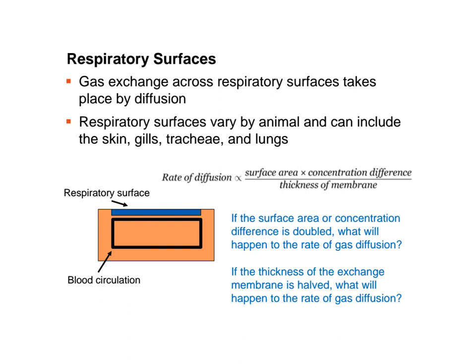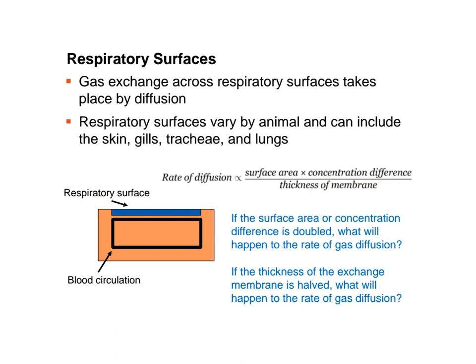The rate of diffusion across the respiratory surface is governed by a rule that was worked out by Fick and is sometimes referred to as Fick's laws of diffusion. The rate of diffusion, that is the number of molecules per unit time, is proportional to the surface area of the respiratory surface, times the concentration difference.